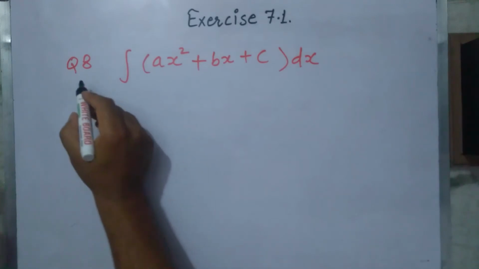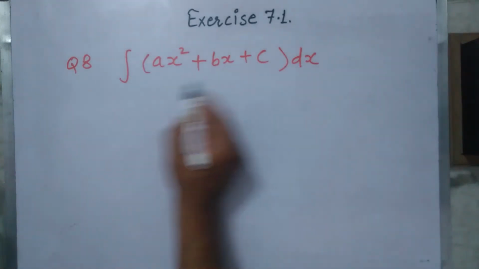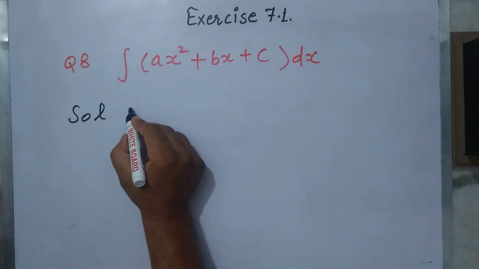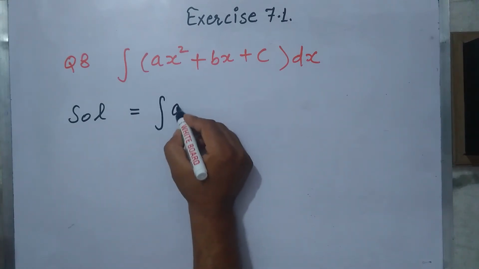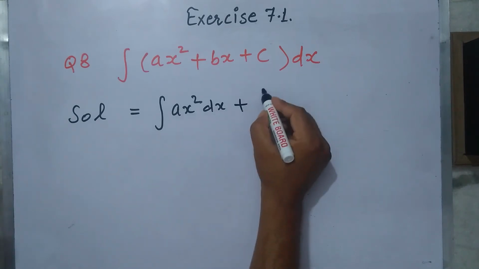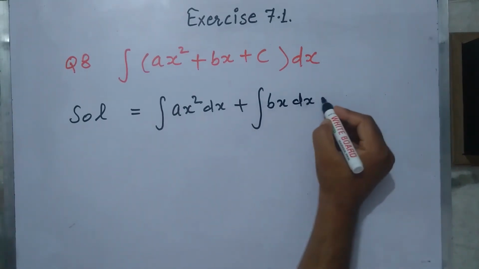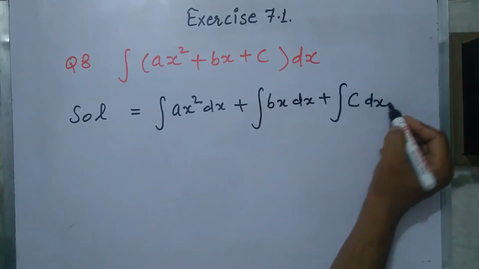Next question number 8, integration ax square plus bx plus c. So we can solve this way. This is equal to integration of ax square dx plus integration of bx dx plus integration of c dx.